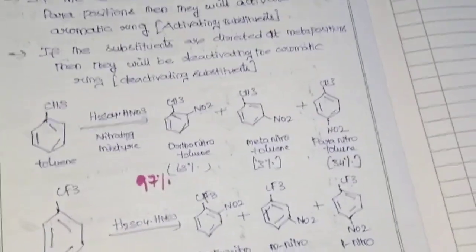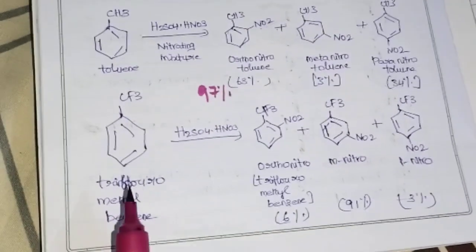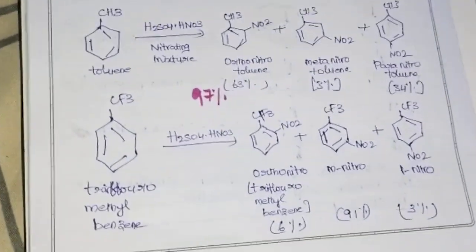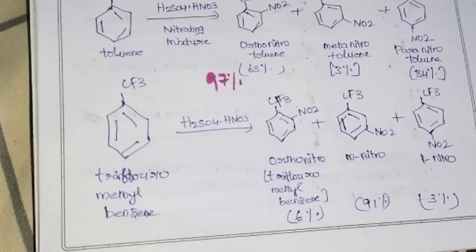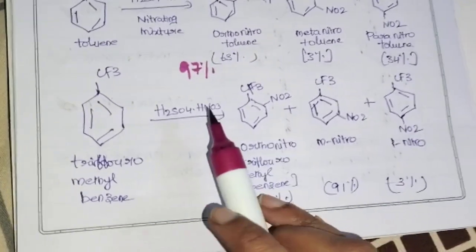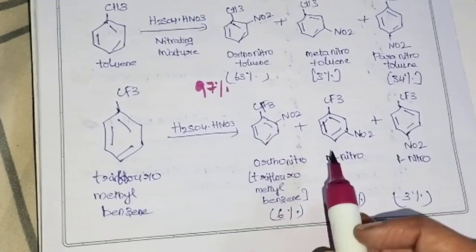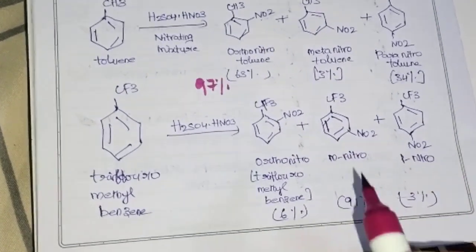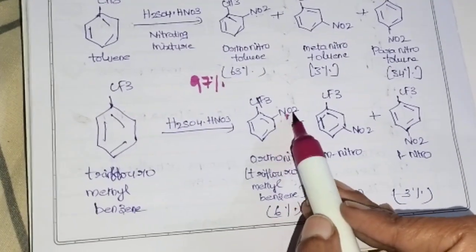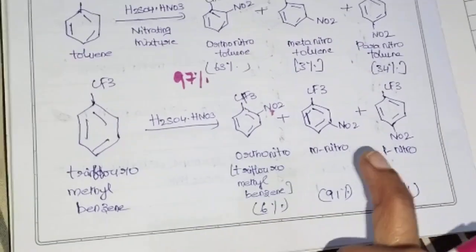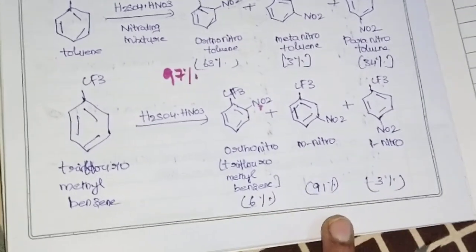Then when we see trifluoromethylbenzene, again with the nitrating mixture, it is substituted with NO2. The ortho product is only 6%. At the meta position it is 91%.